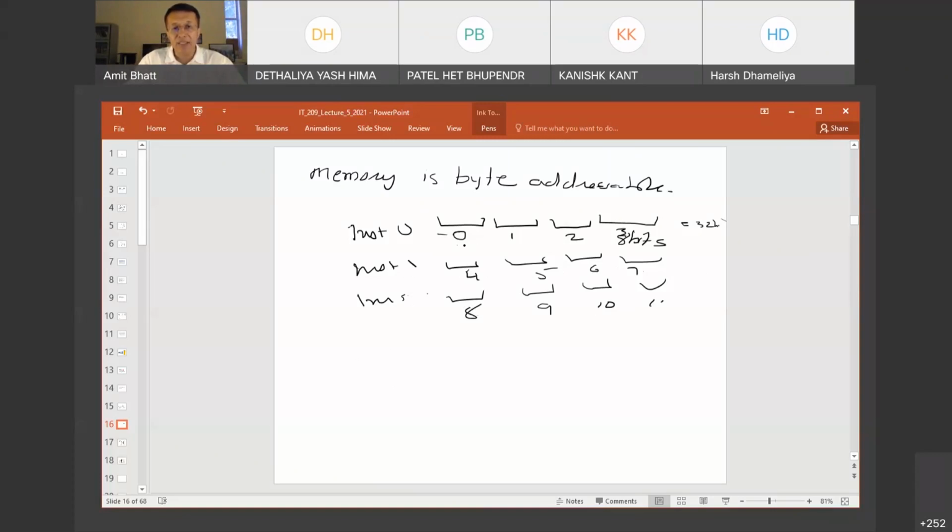Now look at these figures. What is 0? If you want to write in hex, it is 0, 0, 0, 0. What is 4? 0, 1, 0, 0. What is 8? It is 1, 0, 0, 0. Next one would be C. What is C? 1, 1, 0, 0.